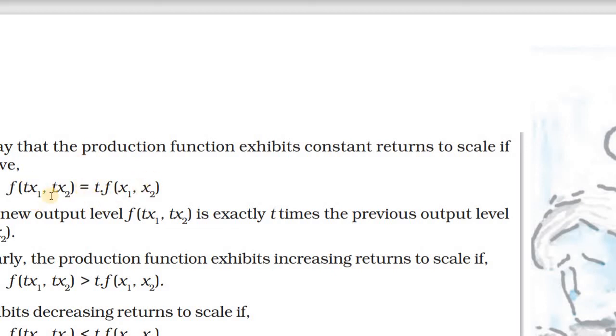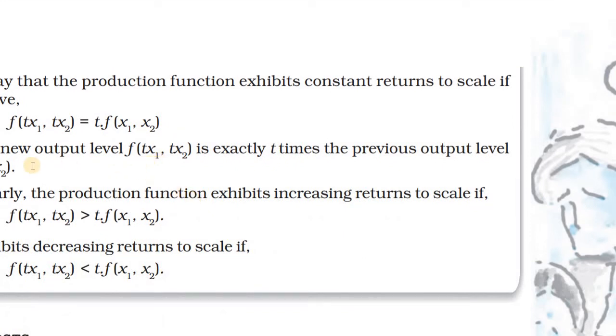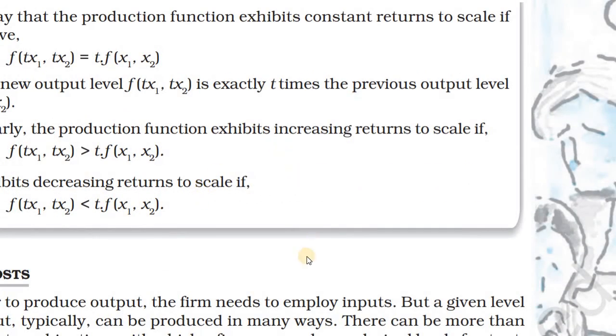Then we can take out this t, so t times the function of x1 and x2. Means we can write the new output level as function of t x1, t x2 is exactly t times f of x1 x2, means if it is 5, then 5 into x1 and 5 into x2. Then similarly the production function exhibits increasing return to scale if f of t x1, t x2 is greater than t into f of x1, x2.